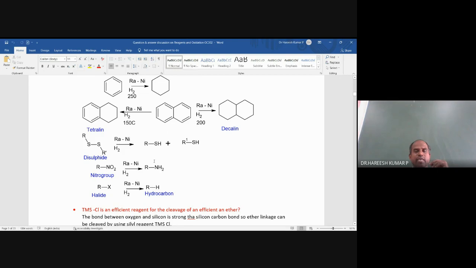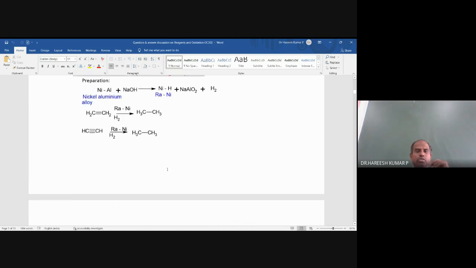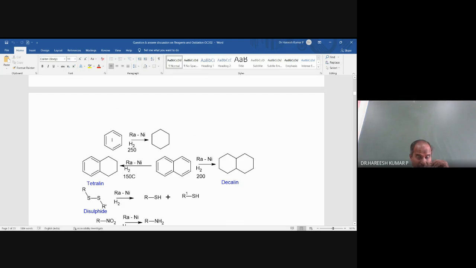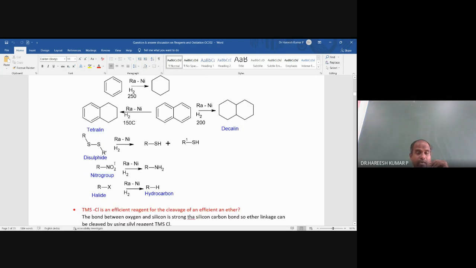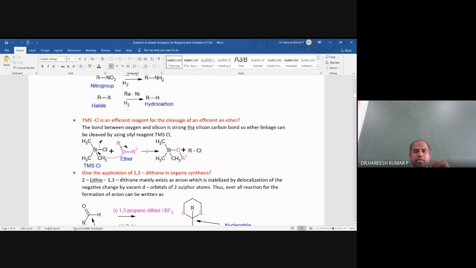Here I am taking a general example, but these are the specific examples. So overall, what you need to remember: hydrogenation can convert unsaturated into saturated, aromatic into cycloalkane, disulfide into thiol, nitro into amine, and halides into hydrocarbon.